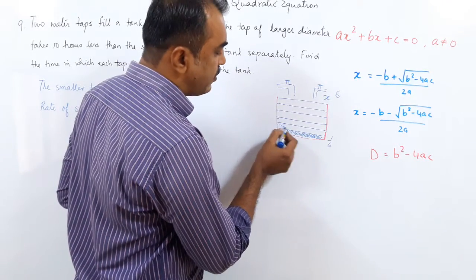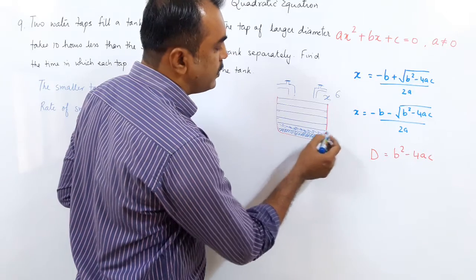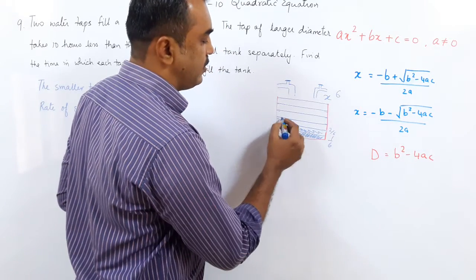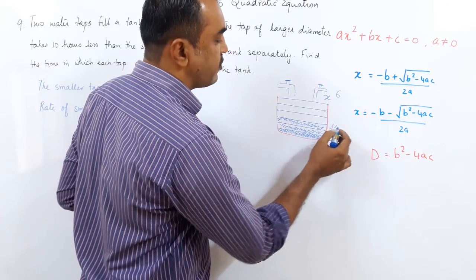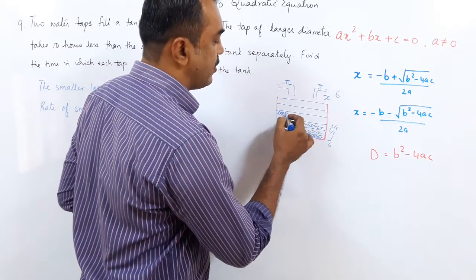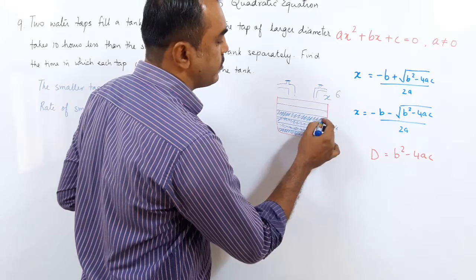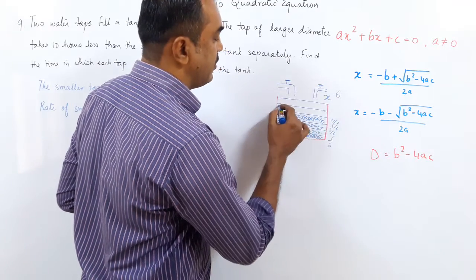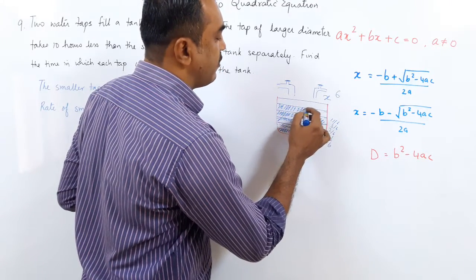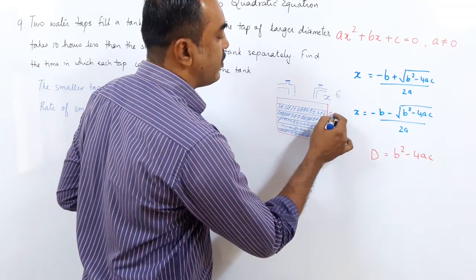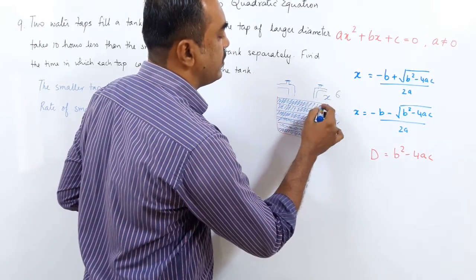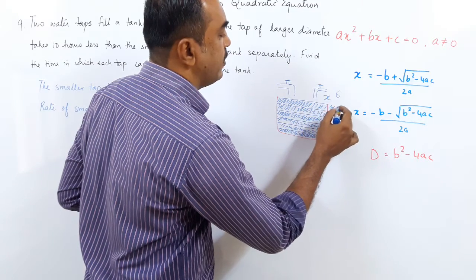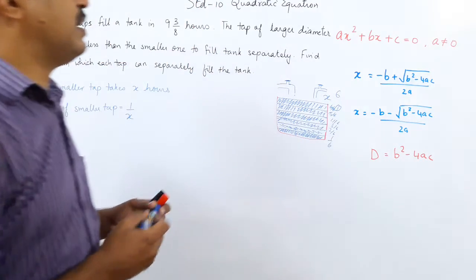In 2 hours it will fill up 2/6 of the tank. In 3 hours it will fill up 3/6 of the tank. In 4 hours it will fill up 4/6 of the tank. In 5 hours it will fill up how much? 5/6 of the tank. And in 6 hours it will fill up 6 by 6, means 1. The whole tank is filled up in 6 hours.